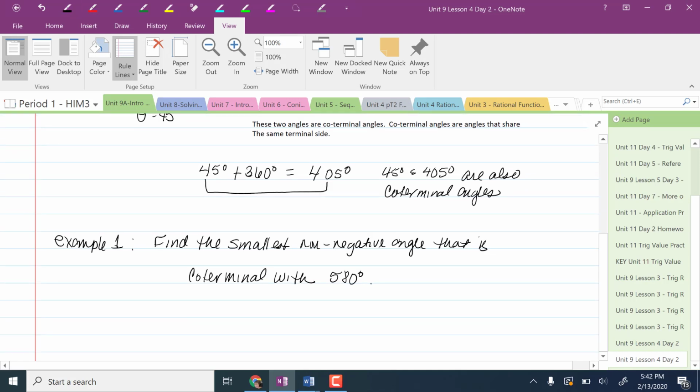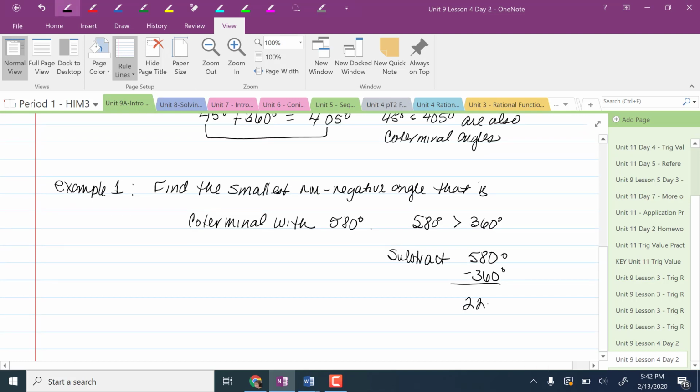The first thing we want to look at is we want to compare 580, the given angle, to our reference, which would be 360 degrees. And since 580 is greater than 360, our result is going to be to subtract the 360 from the 580. And we will get our 220, which is less than 360, means it is the smallest angle that is coterminal with the 580.